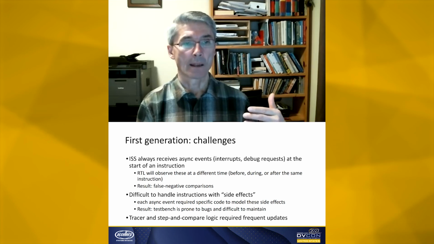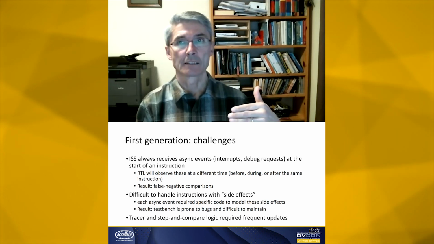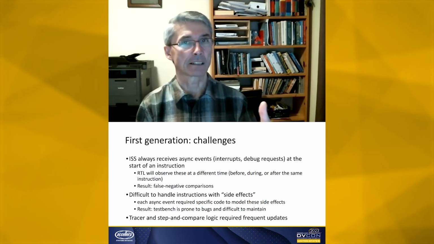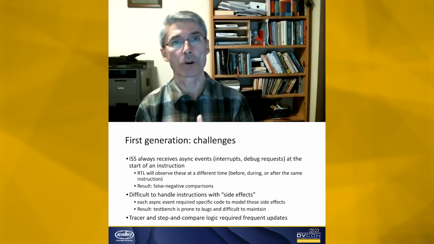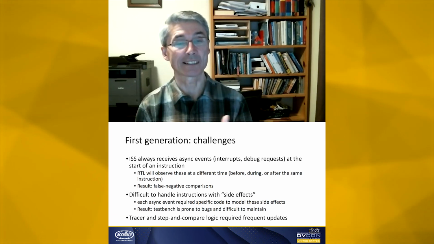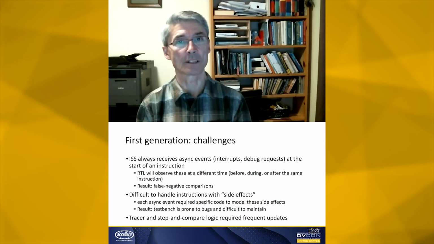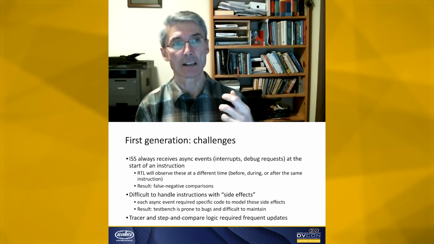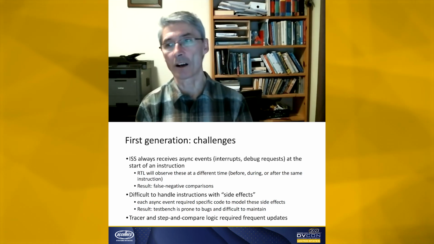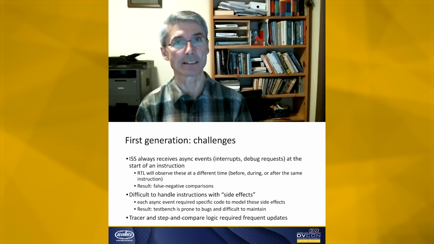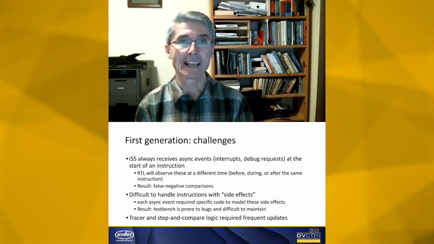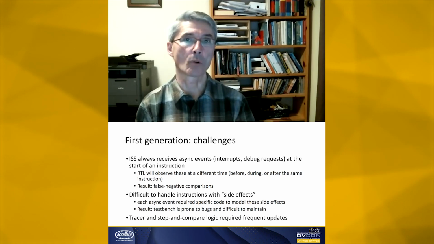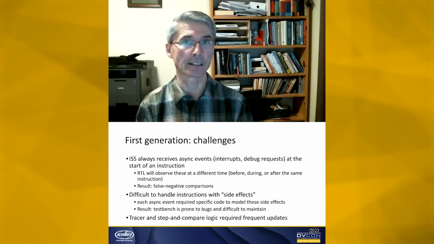Here's the problem. When you get an asynchronous event, like a debug request, like an interrupt, like a bus error, the processor core will produce side effects. For example, when you enter debug mode, the device under test will automatically update the DPC CSR. When that is done depends on when the core recognizes that the debug event happens.